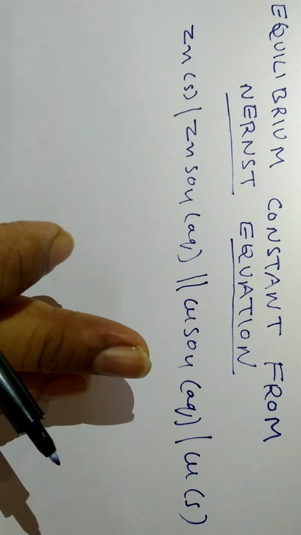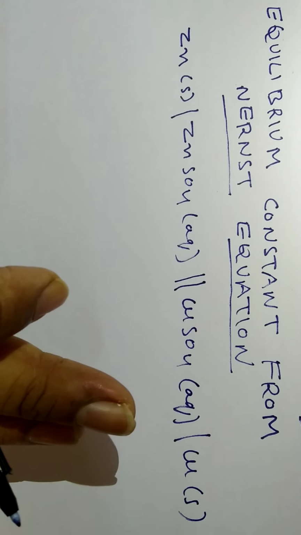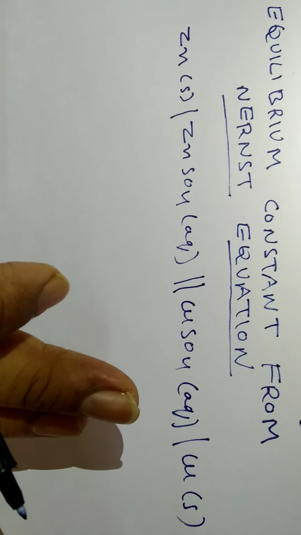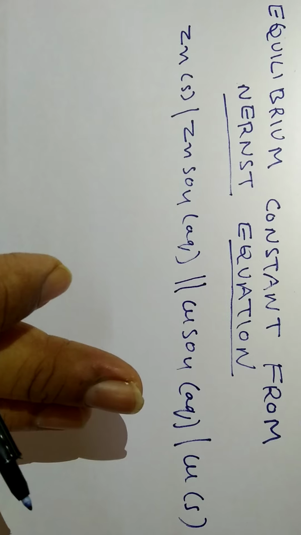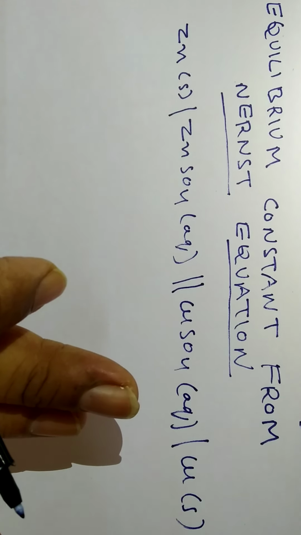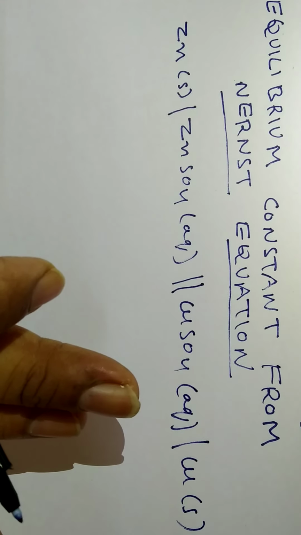Zinc from the zinc rod passes into the solution as zinc ion. Copper ion from the copper sulfate solution is deposited on the copper plate. Sulfate ions from copper sulfate flow to the zinc sulfate solution through the salt bridge.